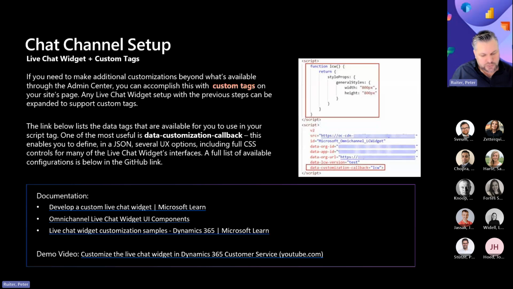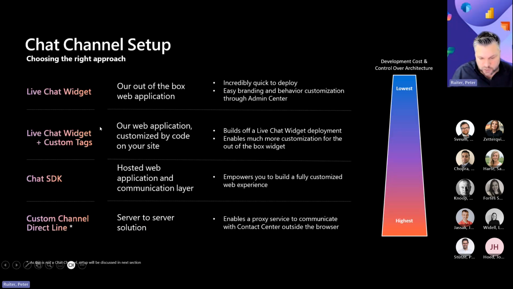The live chat widget, as we already said, you can automate and change most of that. There's a bunch of stuff like the general styling, etc., that we can change. This is what we call the custom widget, the one that we were talking about.